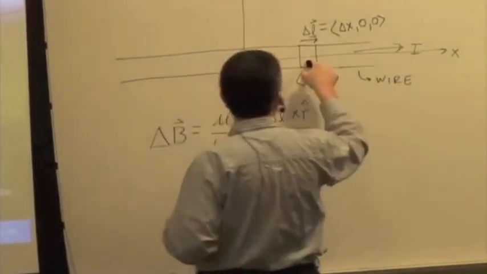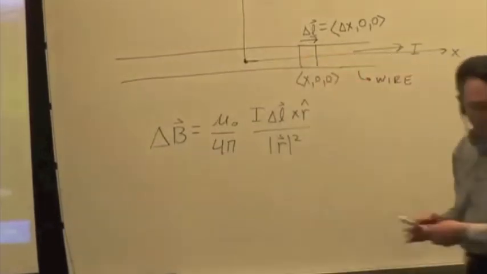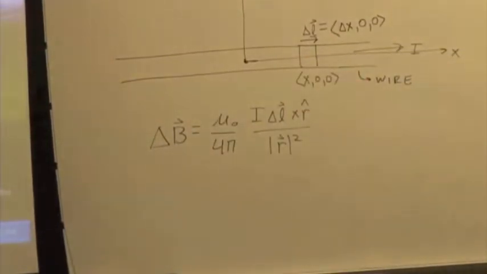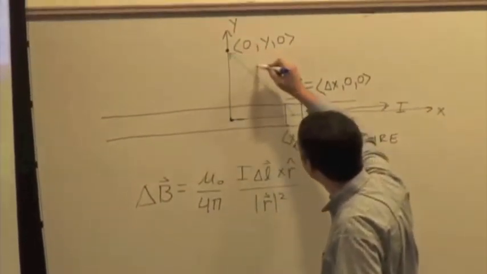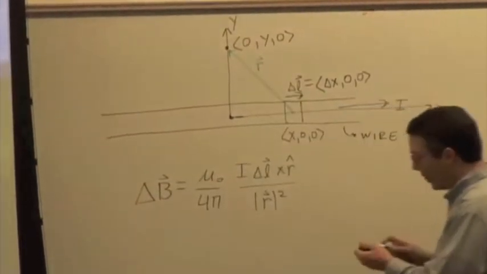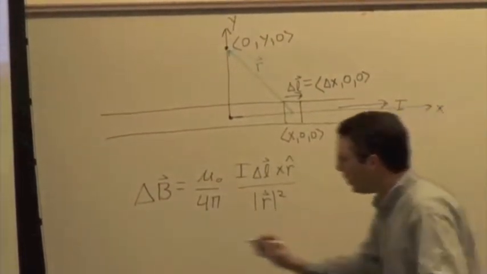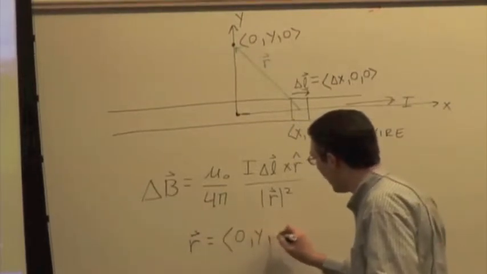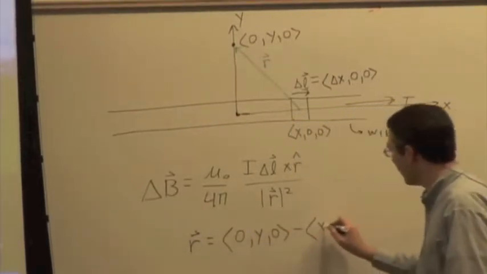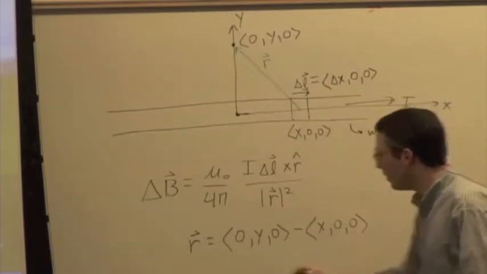So we start with a typical piece and we find the r vector from source to observation location for that piece. So that r vector is pointing from here to here. And r is going to be final minus initial, 0, y, 0, minus x, 0, 0.